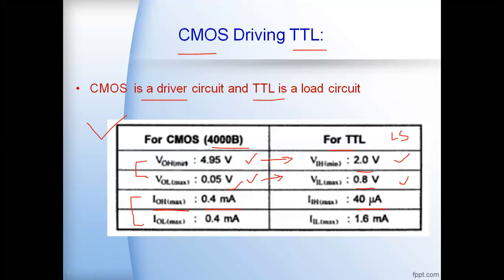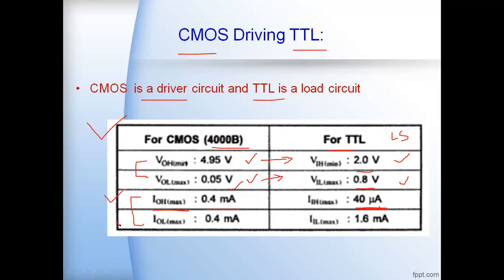So the 40 microamperes is much lesser than the 0.4 milliampere, because one is in the milliampere range and the other requires the microampere range. So in the high state, the output current can easily handle the 40 microamperes of the TTL gate. So there is no problem with this high state current.